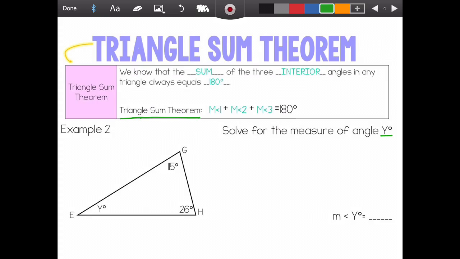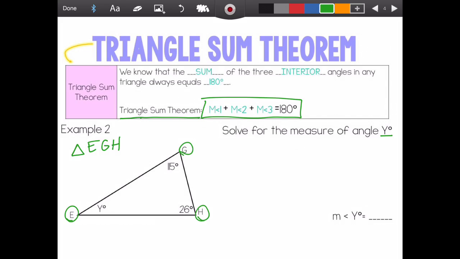Again, we're just plugging into the equation that it gives us and solving for the missing angle. This is triangle EGH. Again, the letters indicate the name of the triangle.